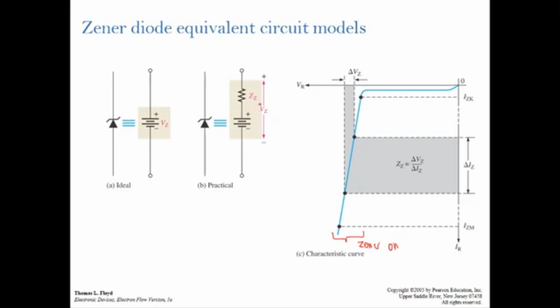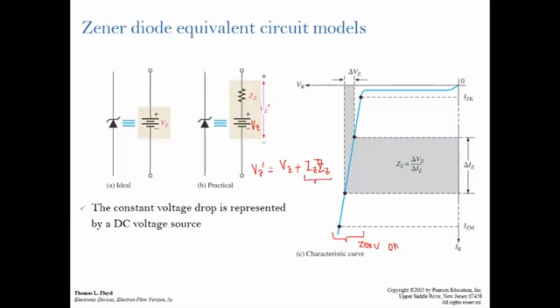Let's say I call it Vz prime. Vz prime is equal to Vz plus Iz times Zz. You can see here Vz prime is not equal to Vz. You need to add the voltage drop at the Zz.